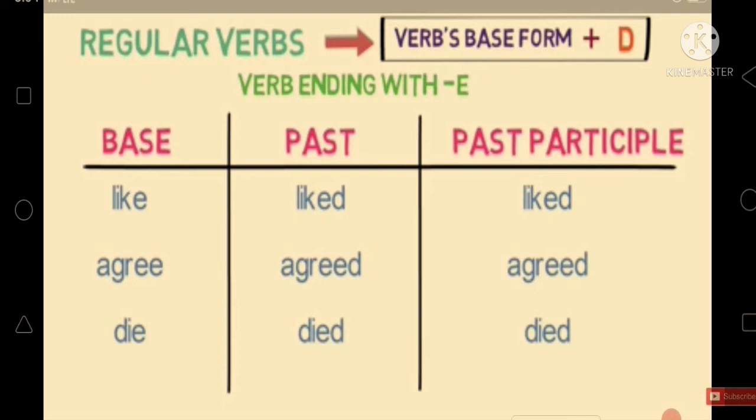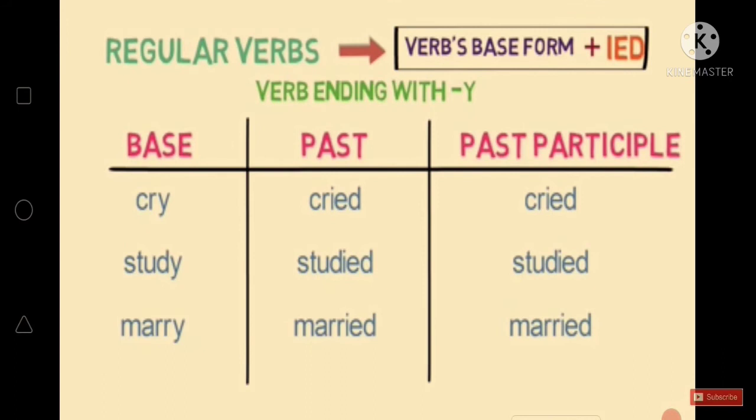Die, died, died. And in some regular verbs, to have the past and past participle, we add ied when the verb ends with y. For example, cry.